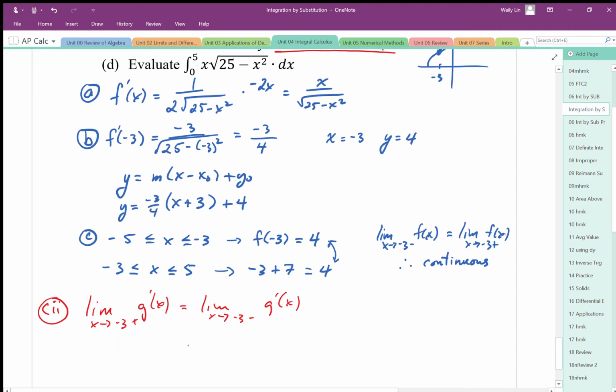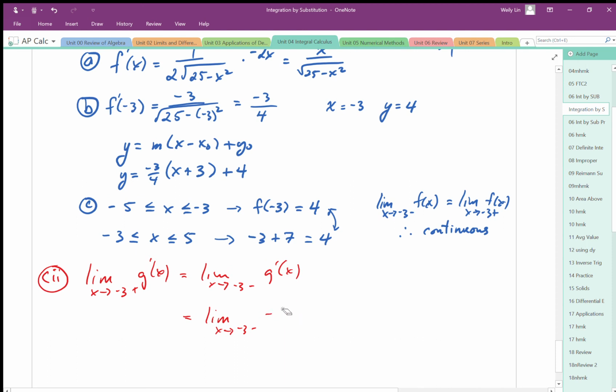That is the limit as x goes to negative 3 from the negative side of f prime of x, which I'm going to replace with our expression: x over square root of 25 minus x squared.